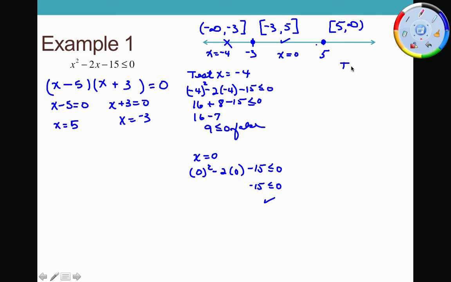And finally, I think I want to test x equals 6. It's in that third interval. So I've got 6 squared minus 2 times 6 minus 15 less than or equal to 0.